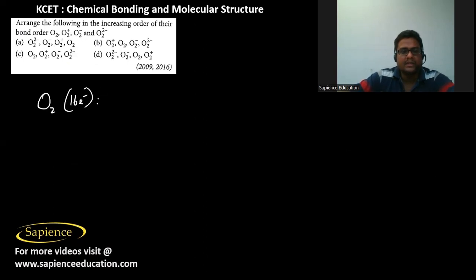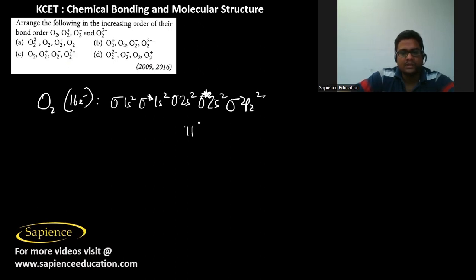If we write its molecular electronic configuration, then it will be sigma 1s2, sigma star 1s2, sigma 2s2, sigma star 2s2, then sigma 2pz2, and then pi 2px2 equals pi 2py2, and then pi star 2px1 equals pi star 2py1.